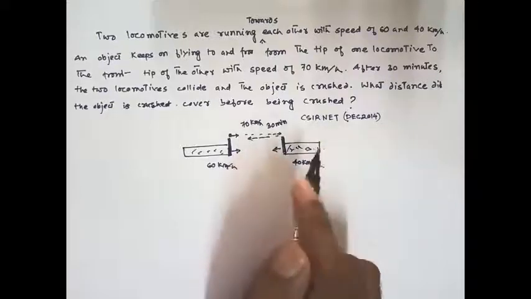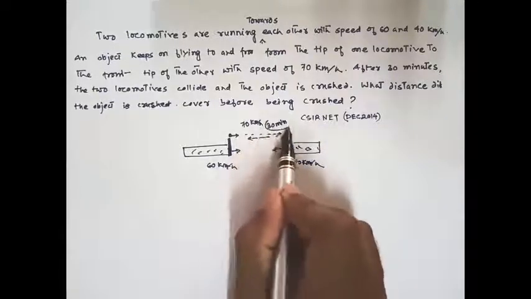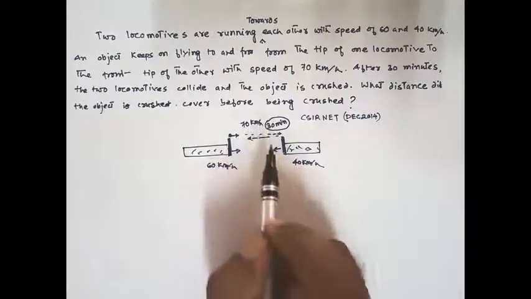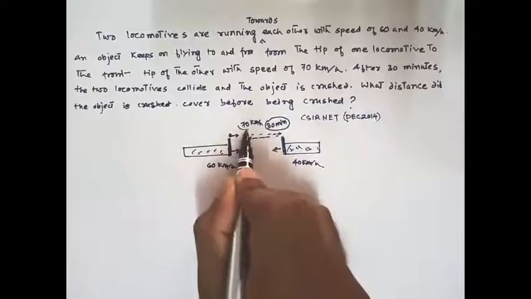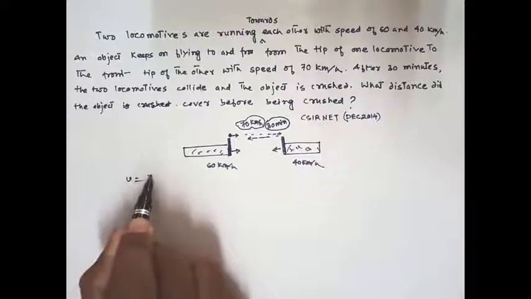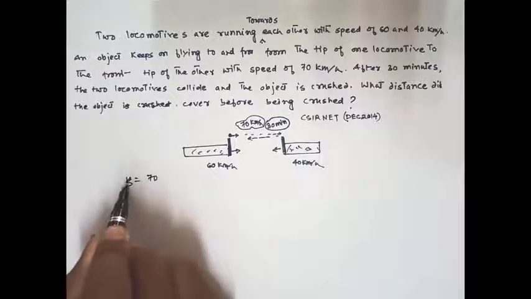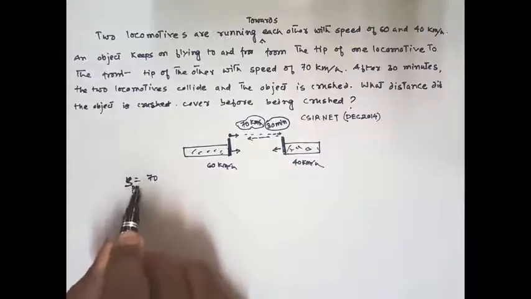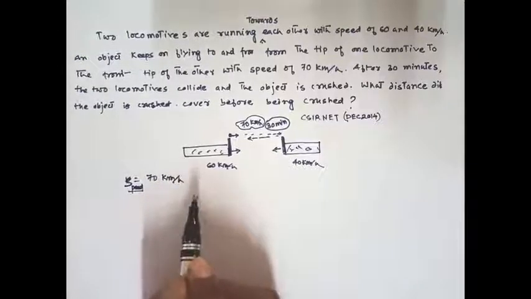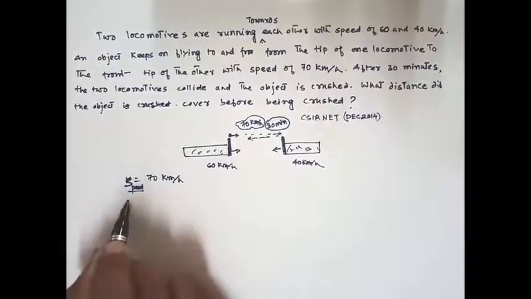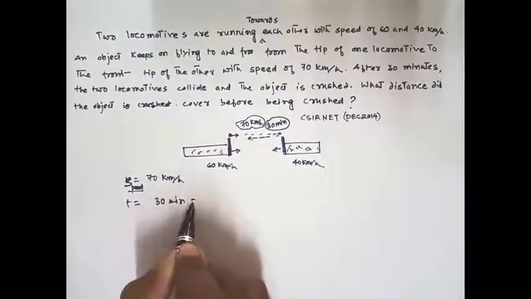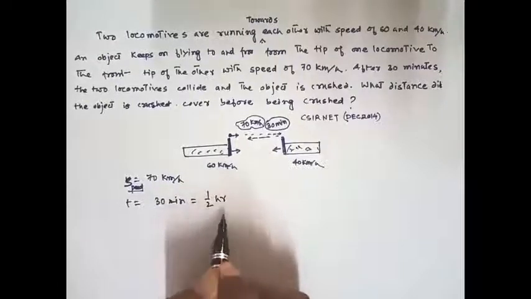What is asked is, within these 30 minutes, what is the total distance covered by this flying object? Since this object is flying at a speed of 70 kilometer per hour, this is not velocity, it is speed, and it is flying for 30 minutes, that is 1/2 hour.